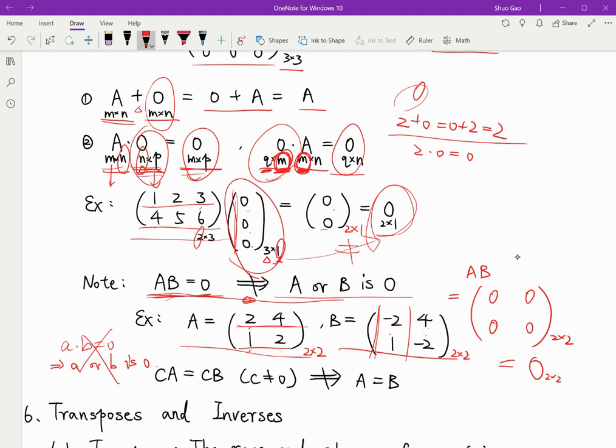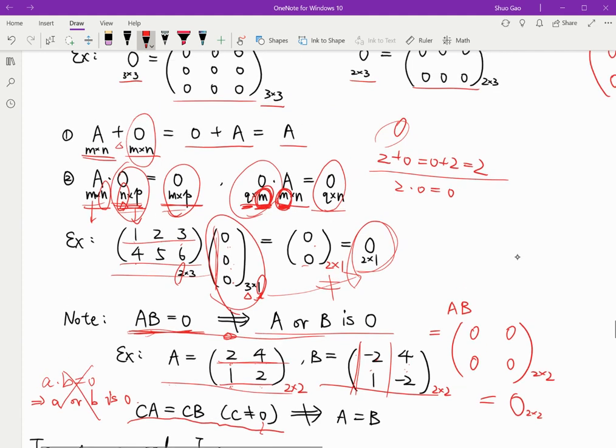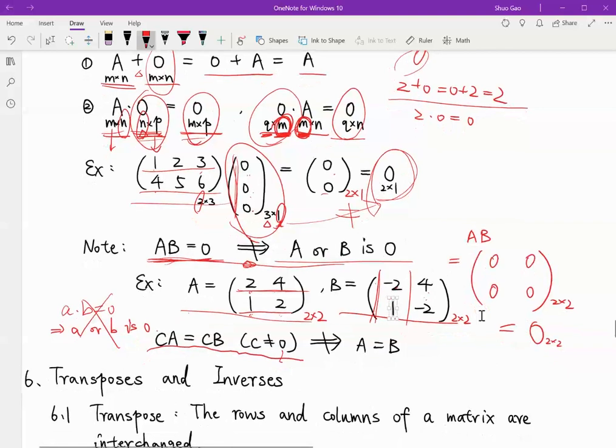So the second one is matrix C times matrix A equals C times B, and matrix C is not the null matrix. If this equation holds, then it doesn't necessarily mean that A is equal to B.